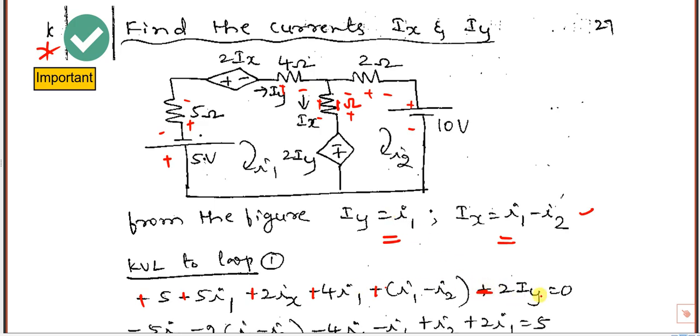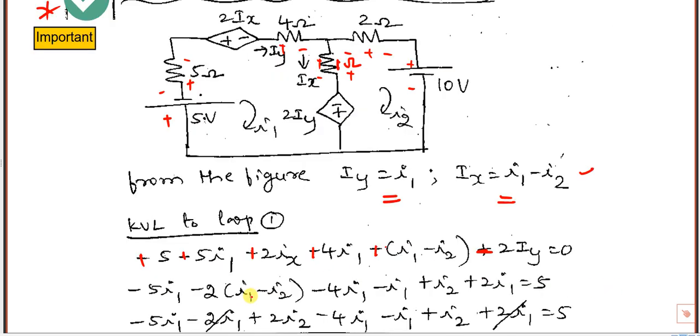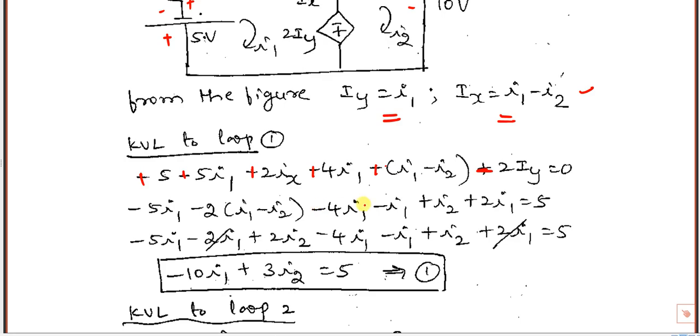If you want the original, multiply by negative and you'll get the same answer. After simplification, you will get 10I1 plus 3I2 is equal to 5.